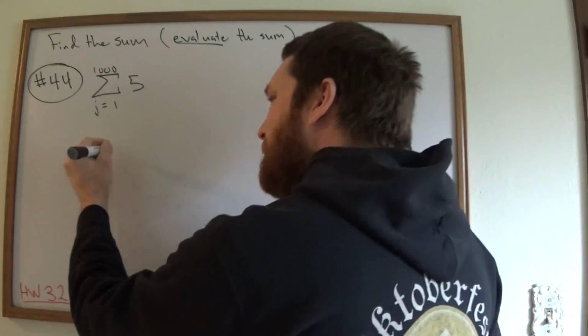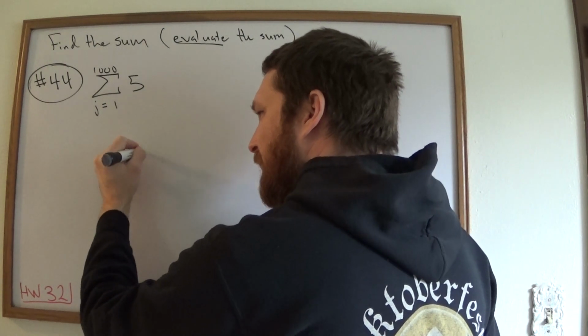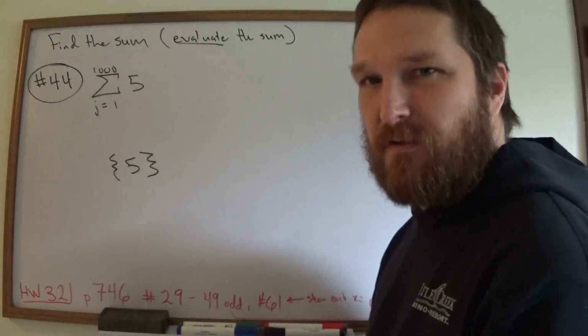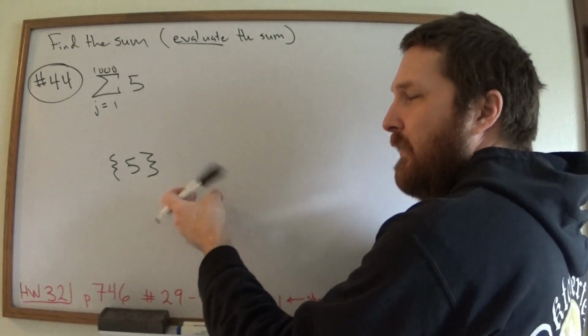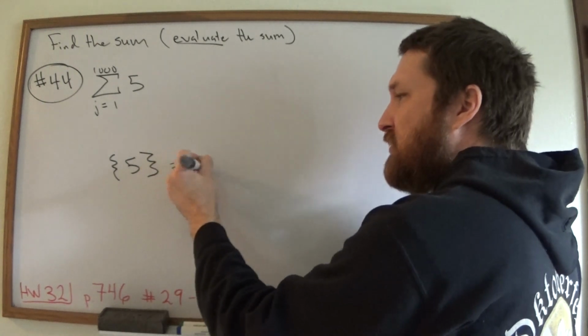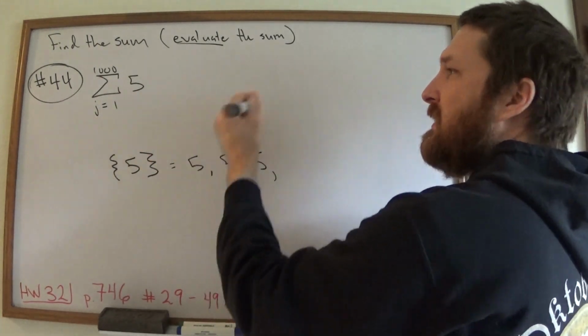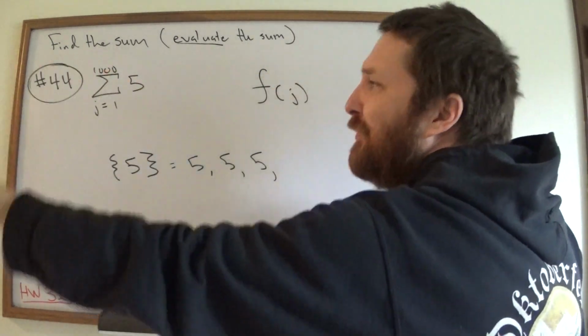So, before, when we had the sequence 5, we said it's basically like a constant function. No matter what number you plug in for n, the output's always 5. So this is just 5, 5, 5. This is no different. This is like you have some function of j, where j is the input variable.